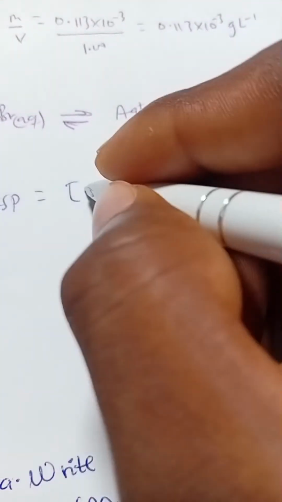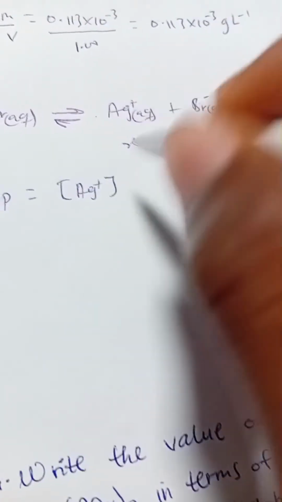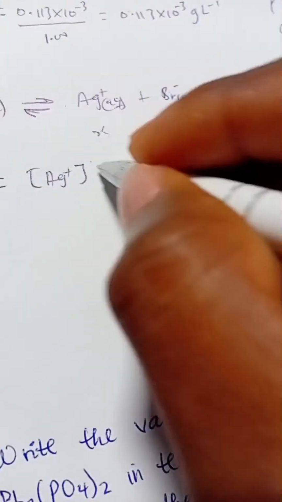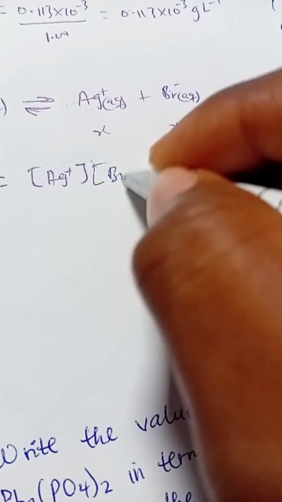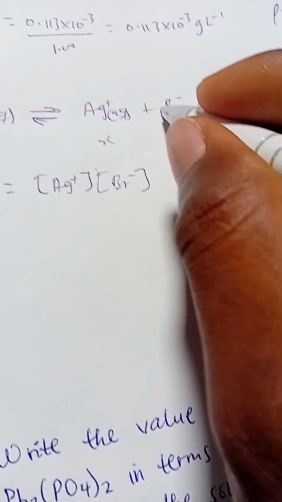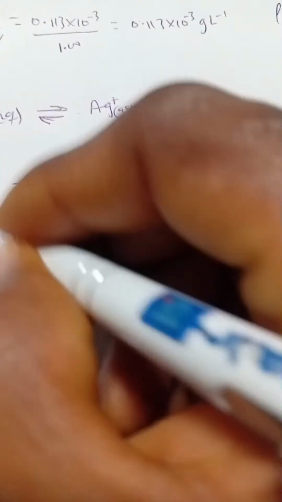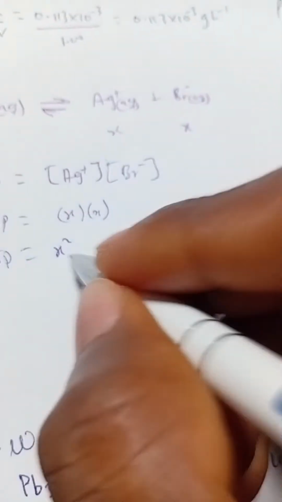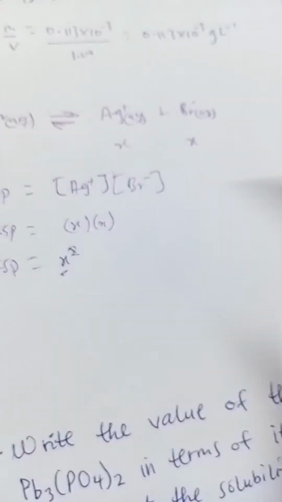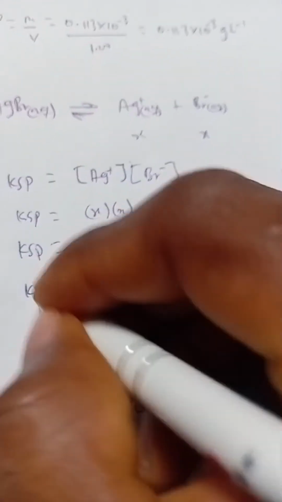So our expression for KSP becomes concentration of Ag plus to the power 1 because the coefficient here is 1, multiplying concentration of Br minus to the power 1 because the coefficient here is 1. So we are going to get x by x. So our KSP equals x squared, and our x is the solubility which we calculated over here.